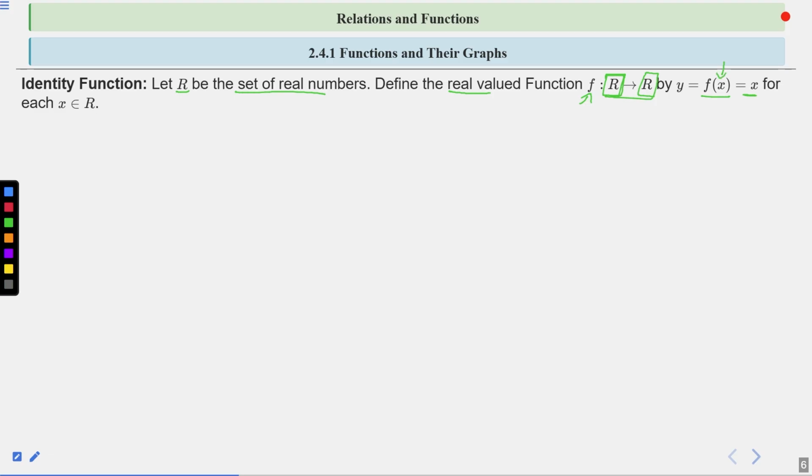Whatever the input, the output will be the same. So this identity function is nothing but a machine which gives me the same output as my input. If you give 2 as its input, then the output will be the same. Clear? So in general, if the input is x, then the output will be the same as x. Clear?